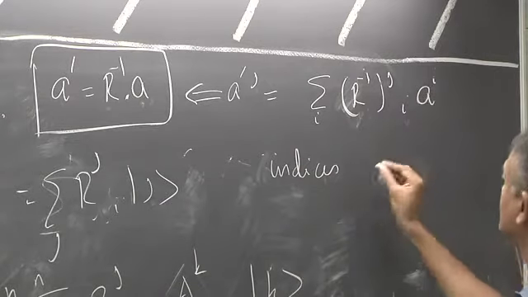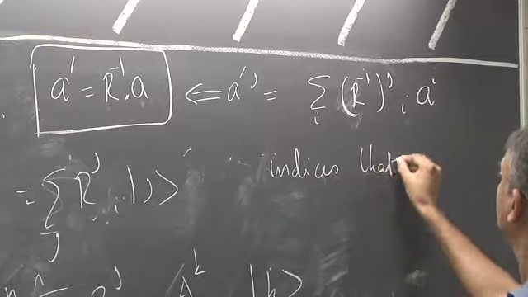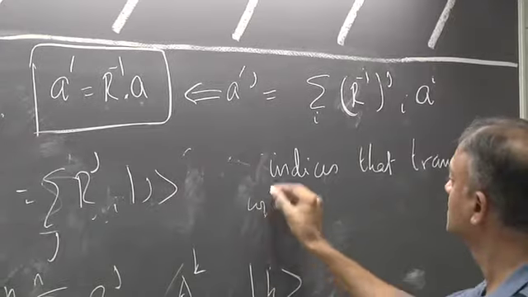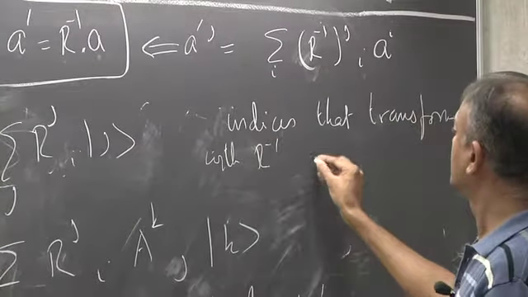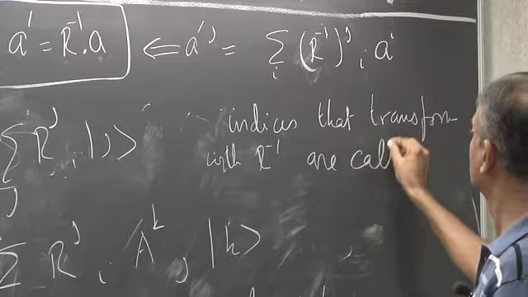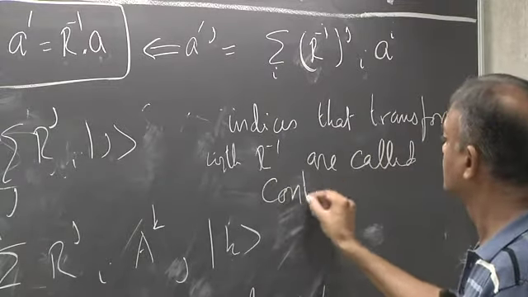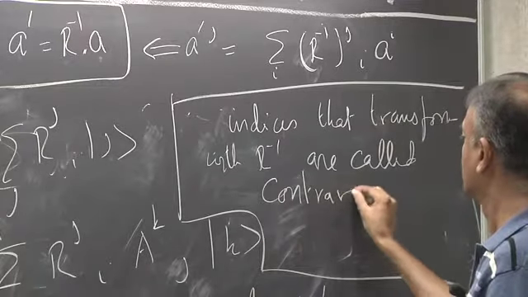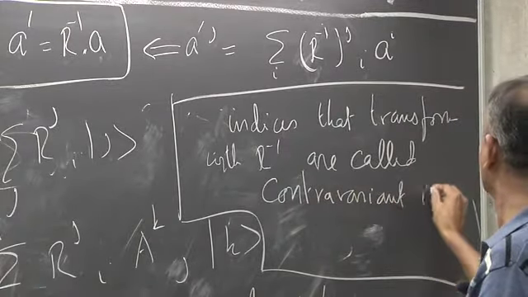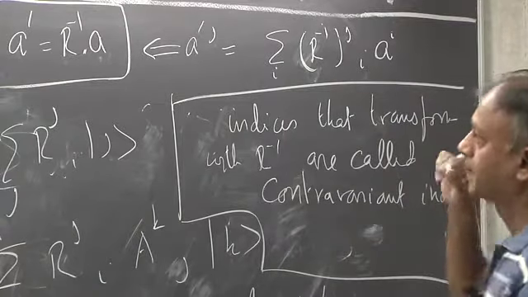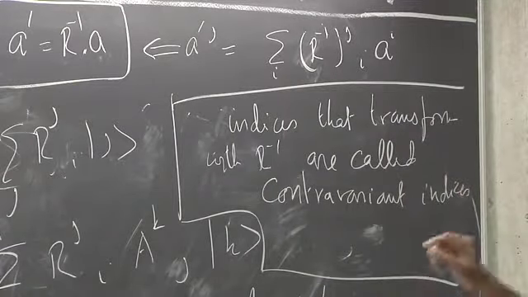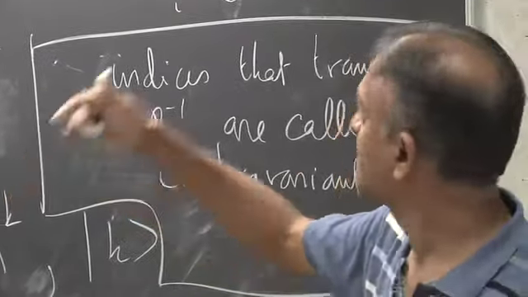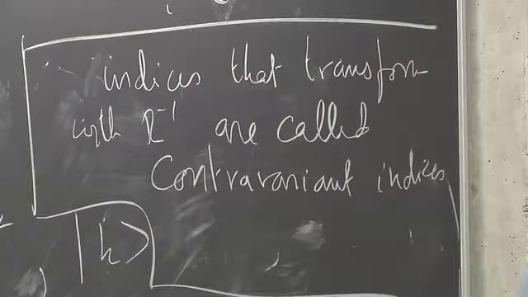So these indices that transform with R inverse are called contravariant indices. Whereas the indices which are down will transform with R, not R inverse.